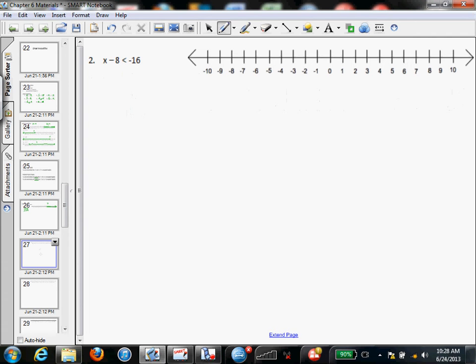Okay, with number 2, we have x minus 8 is less than negative 16. So what can we do to get x by itself? We can add 8 on both sides. Bring down our variable x since we did not touch it. Bring down the inequality of less than, and we have negative 16 plus 8 is negative 8.